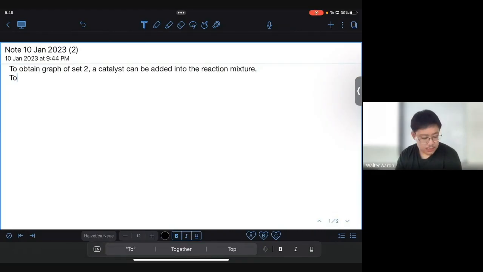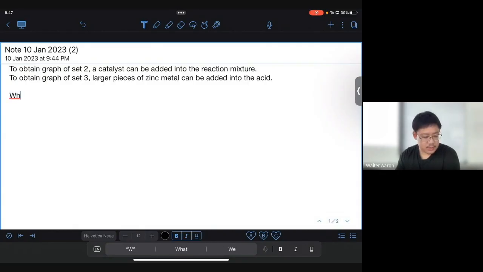Then, to obtain graph 3, or graph of set 3, a larger piece or larger pieces of zinc metal can be added into the acid.